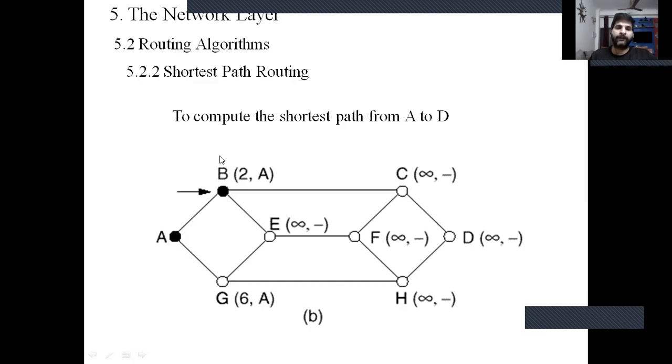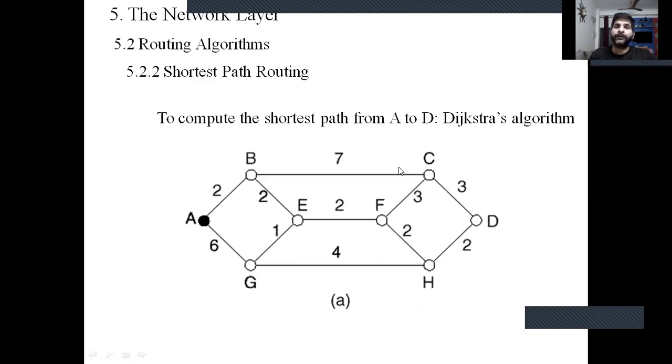After this, we select the shortest distance router. Comparing routers B and G, the distance is smaller for B with respect to G. So the next packet is flooded by router B. Router B has adjacent nodes E and C, and all nodes except the source node are assigned the infinite value.